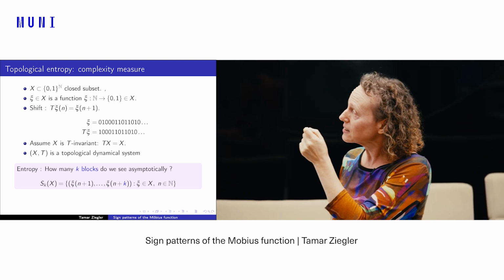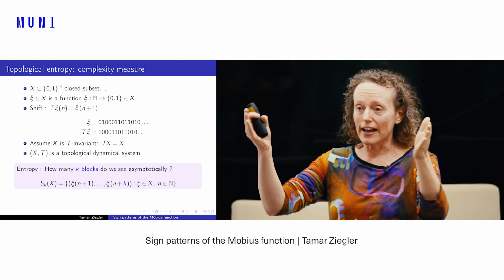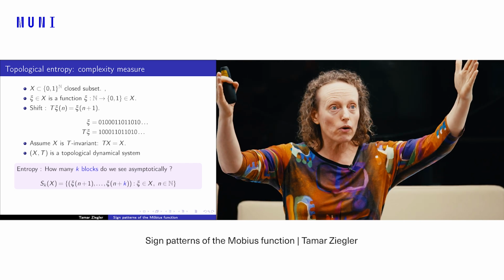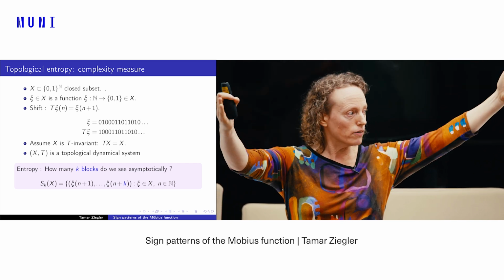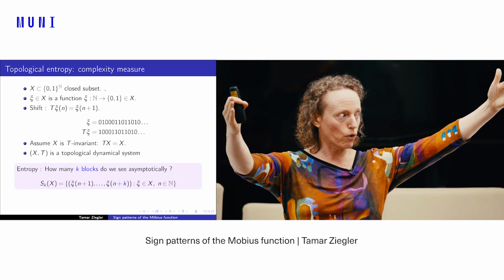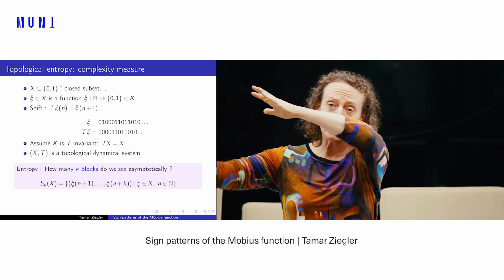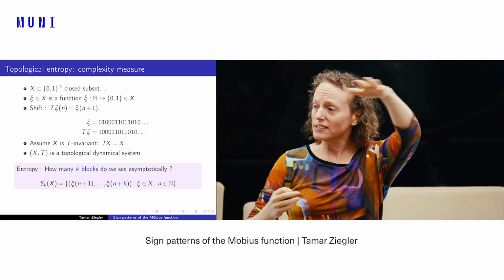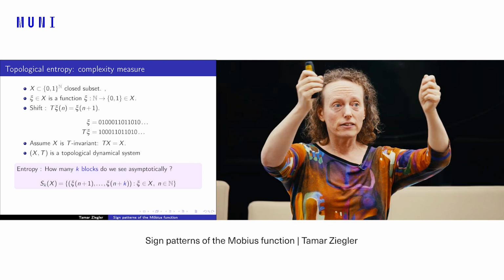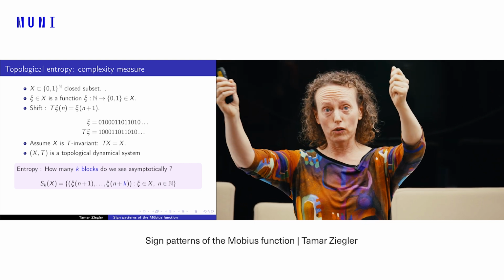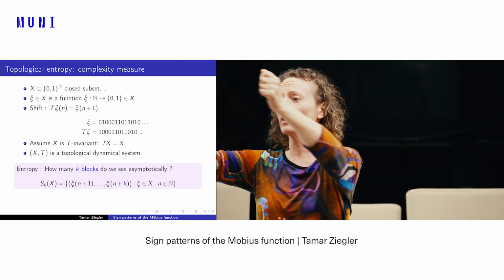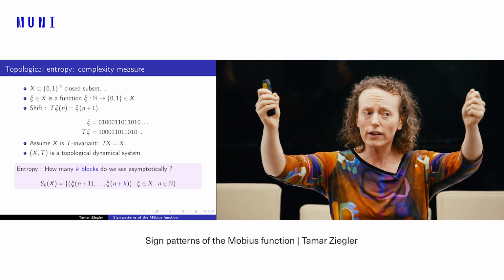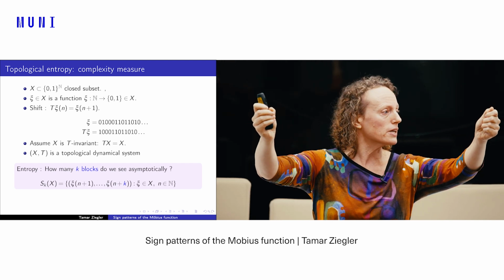How can I calculate the entropy of this system? Well, I can fix a k, so fix a window of size k. I look only at k coordinates, and look at all the points you have inside X, inside the system you have, and take a point and look at this window of size k and move it along the sequence and try to see what patterns of zeros and ones you see.